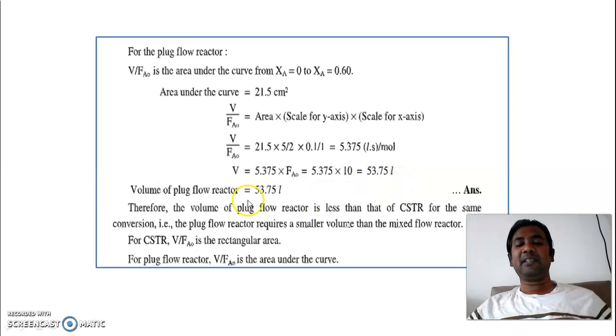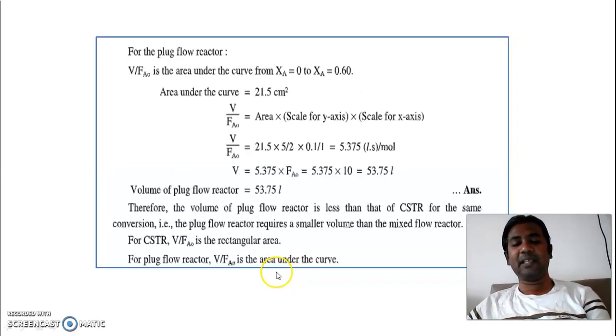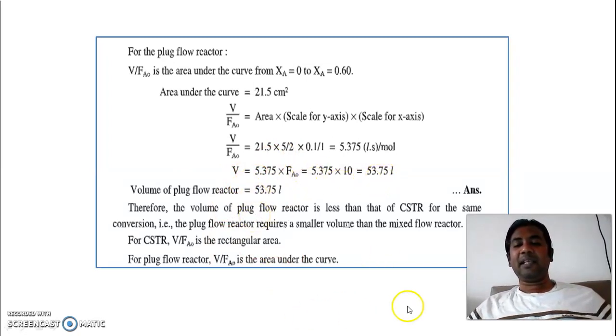In case of CSTR, what is the observation? For the same conversion and same feed conditions, you require more volume in case of CSTR. But in case of PFR, you require less volume. And that is why you can say that in a CSTR, conversion per unit volume is always less as compared to PFR if the feed conditions are the same.